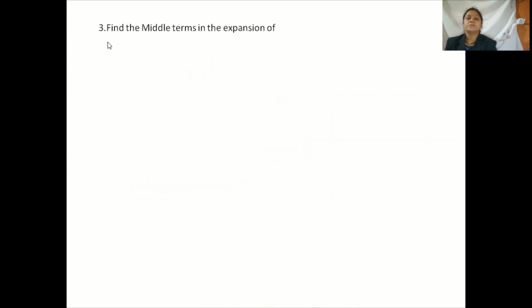Now, the next example is find the middle terms in the expansion of (x upon y plus y upon x) raised to 12. Here, a is equal to x upon y, b is equal to y upon x, n is equal to 12. Now, n is even.